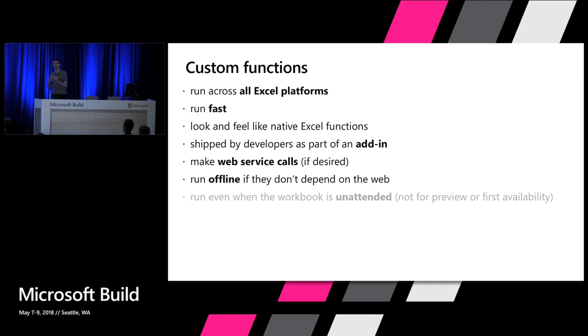So for example, you have a form system set up on your iPad. You enter a maintenance request there. It sends that over into Excel. Well, guess what? If you have custom function extensibility in Excel, that needs to run without anyone even looking or thinking about that particular spreadsheet at that moment. The reason it's grayed out is because that's not something we have yet, but it's something that we will have in the future.